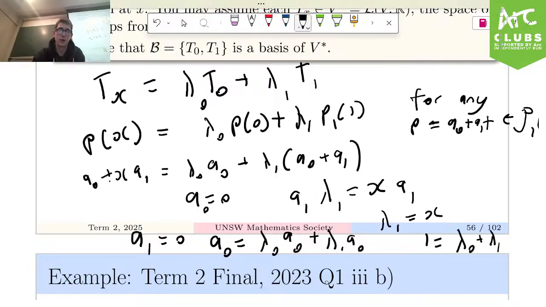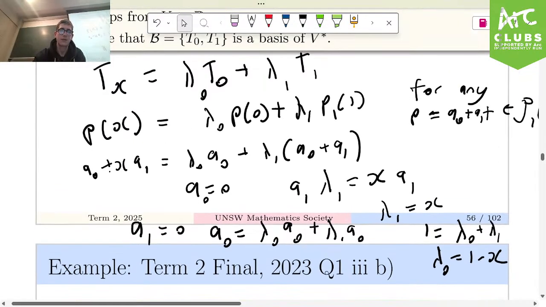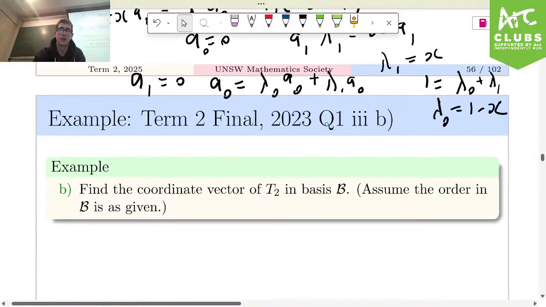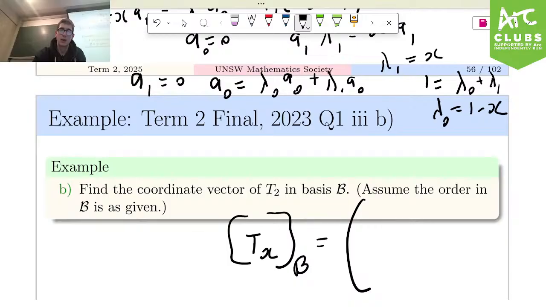And we know that lambda 1 is X. Well, that's at least one solution. So lambda naught is equal to 1 minus X. So that is one solution here, where our coordinate vector for any T of X, written in this basis, would be 1 minus X and then X.